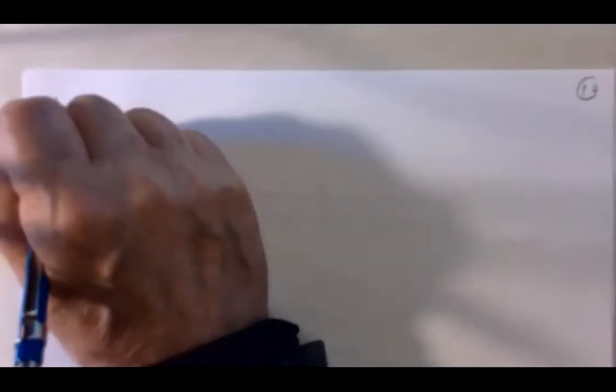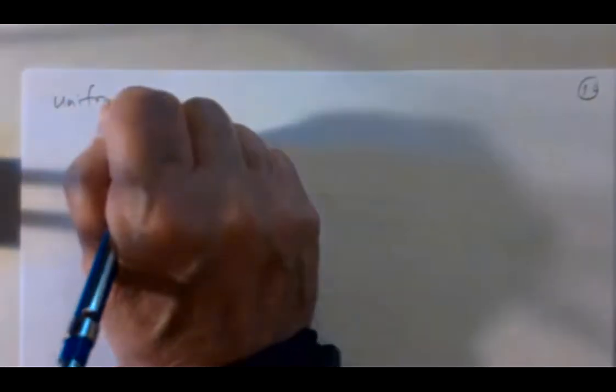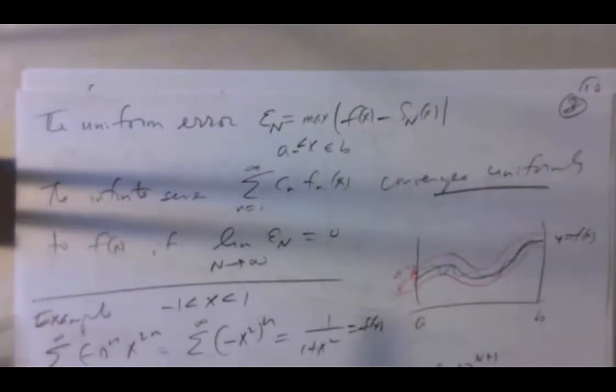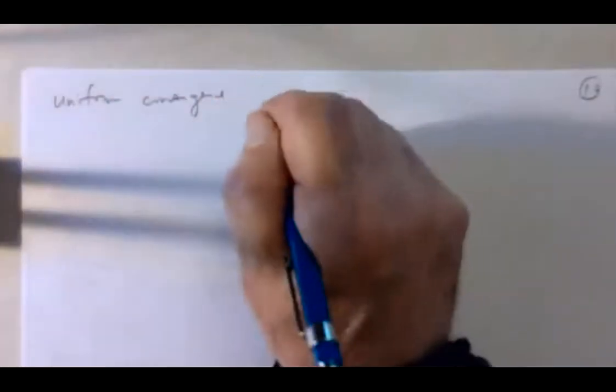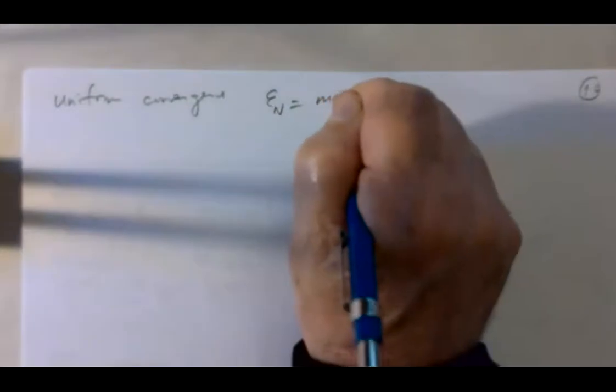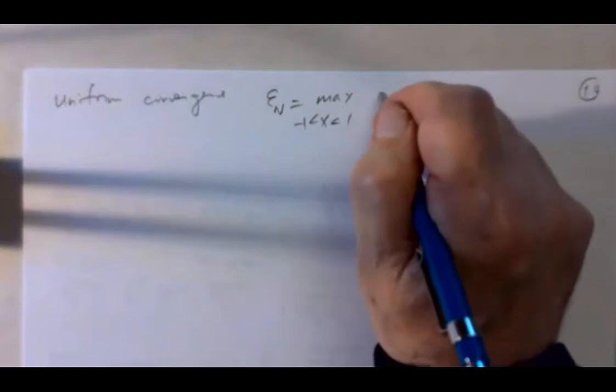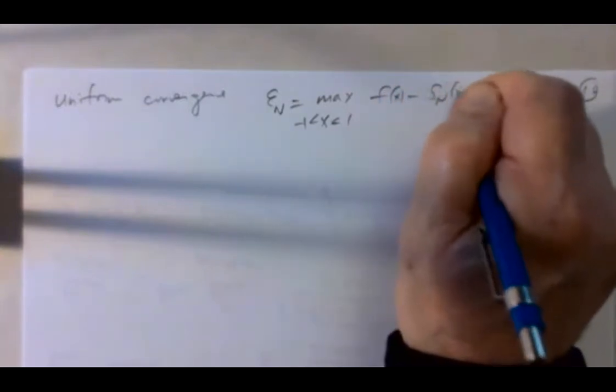So we have pointwise convergence. What about uniform convergence? So remember, in uniform convergence, we look at the maximum difference between f of x and Sn of x. So we have epsilon n is the maximum, in this case for x between -1 and +1, of f of x minus Sn of x.